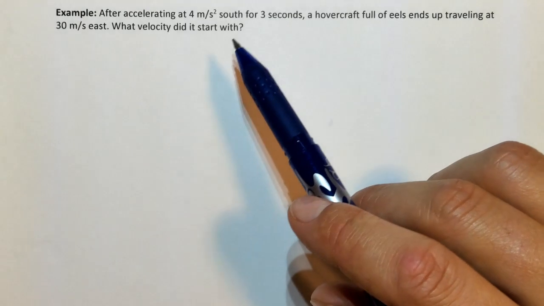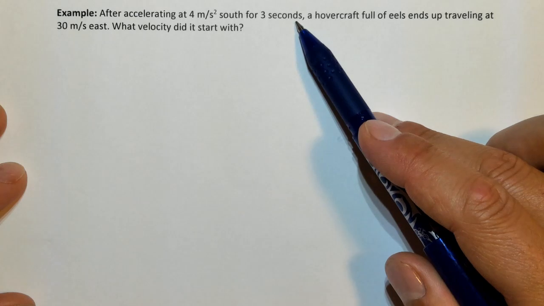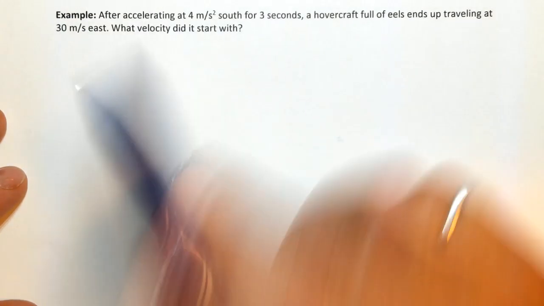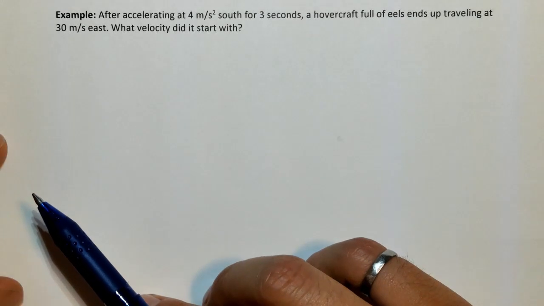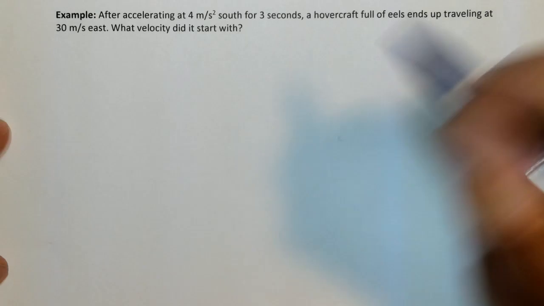Now, at first glance, this reads a lot like a typical uniformly accelerated motion 1D kinematics problem. I'm given an acceleration, a time, and a final velocity, and I'm asked for an initial velocity. So let's start by setting up this problem much the way we'd set up a 1D kinematics problem with uniformly accelerated motion.